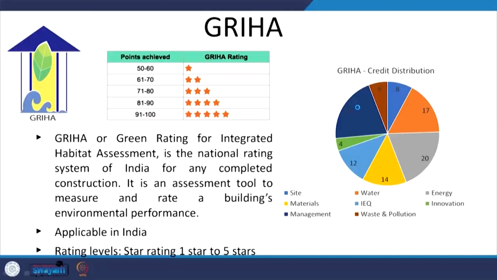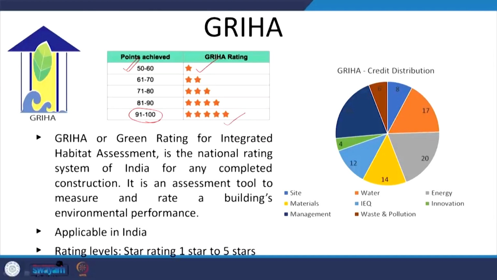So, from 1 star to 5 star, the maximum number of points that we can achieve is 100, which will help us to fetch a 5-star rating in GRIHA, which is again a very tough job. And with minimum 50% of points earned, we can actually have a single star GRIHA rated building.